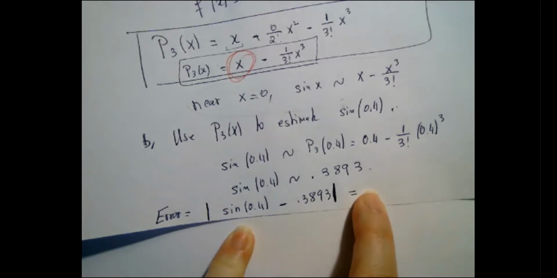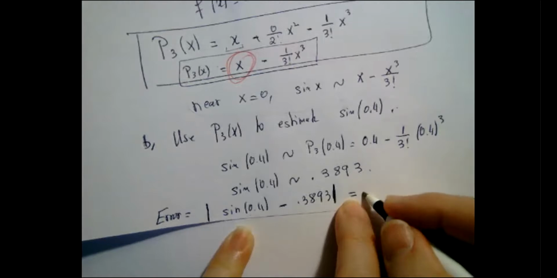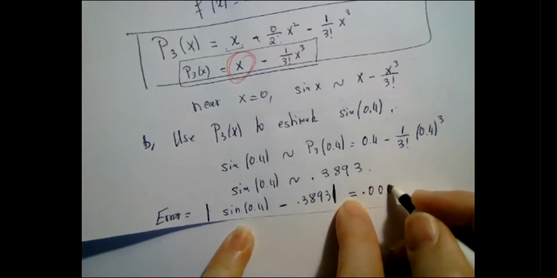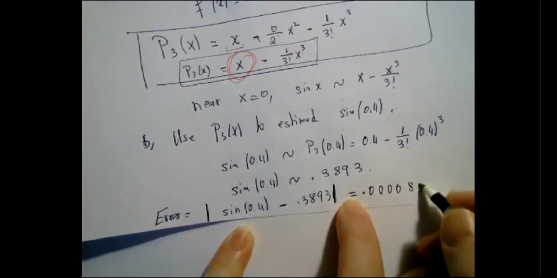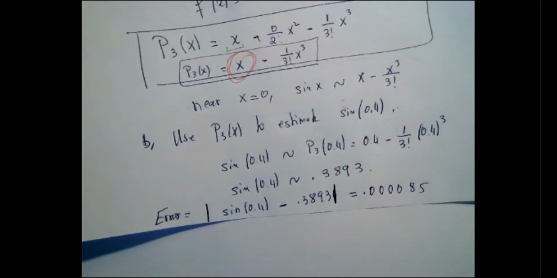I plug everything into my calculator and I'm getting 0.00085. So you can see how well we are doing. We are doing extremely well at 0.4, and that's really the error.